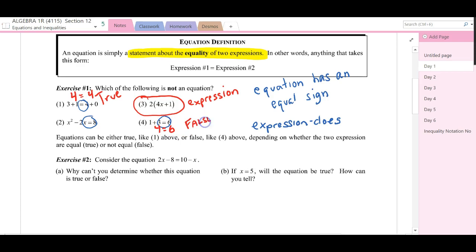That's false. One of the ways that we can write not true is an equal sign with a line through it. This means not equal.